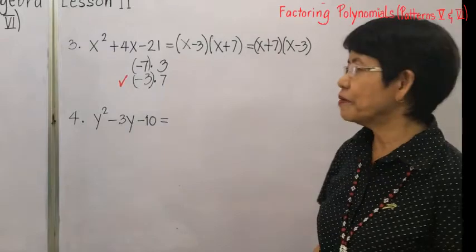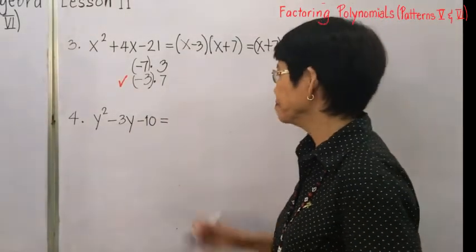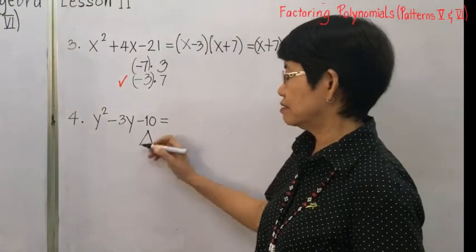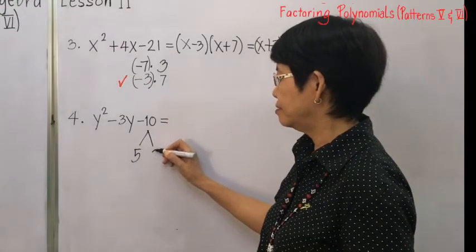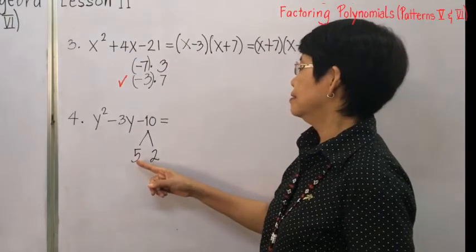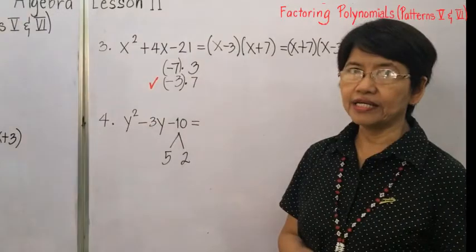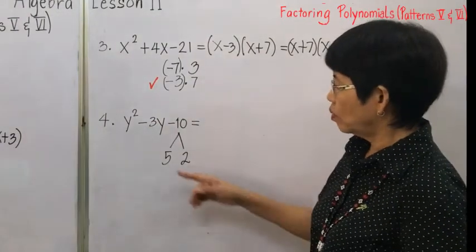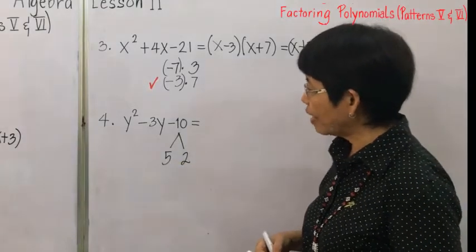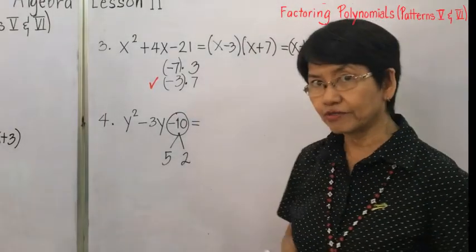And number 4, y squared minus 3y minus 10. The possible factors of 10 are 5 and 2. And if we get the sum of 5 and 2, to get a negative 3, you should have one negative number here. Because if you have a negative number in the last term, one of the factors should be negative.